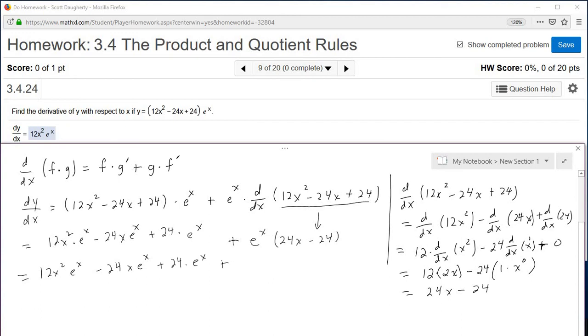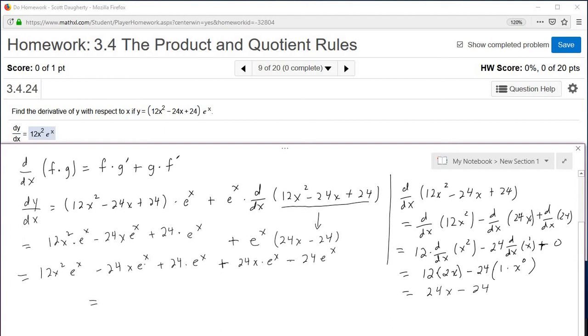And then let's distribute this e to the x to both of these terms here. So you get 24x times e to the x minus 24 times e to the x, because you have to distribute it to that second piece as well.